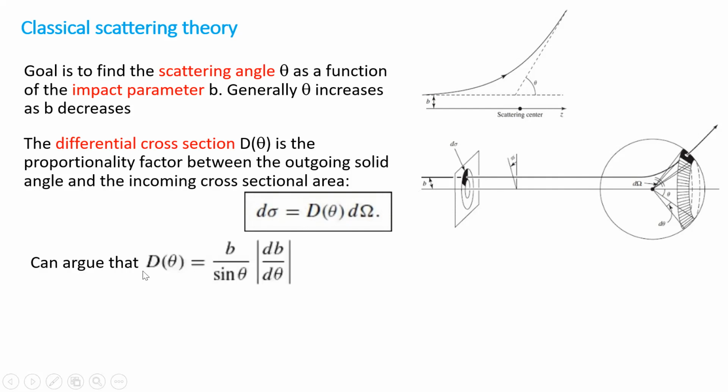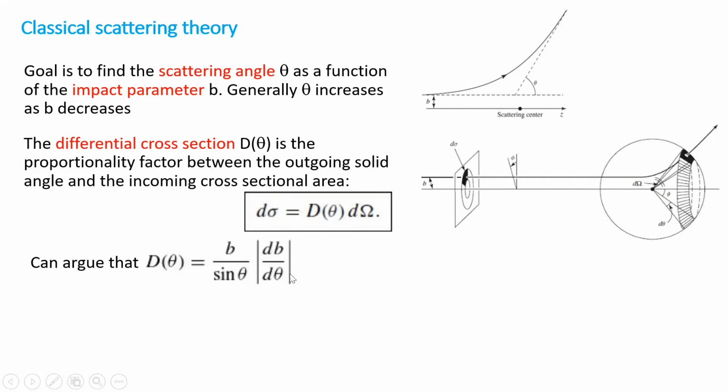It's argued in the text, and we won't reproduce the full argument here, that the differential cross section D of theta can be related to how B depends on theta. It turns out to be D of theta equals B over sine theta times the absolute value of dB d theta. Why is it the absolute value? We said that as theta increases, B decreases, so this derivative would generally be negative.